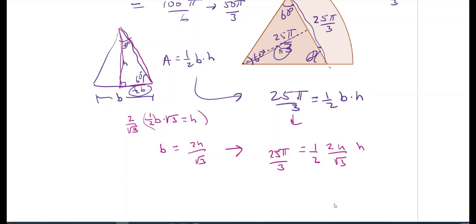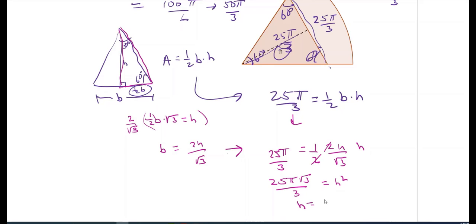So I just have to solve this for h. Put these together, I get an h squared. Then I multiply through by 2 root 3. Actually, these 2's go out, don't take that out. So I just multiply by root 3 and I get h squared. So I get 25 pi times root 3 over 3 equals h squared. So the number h I'm looking for is just the square root of this beast.